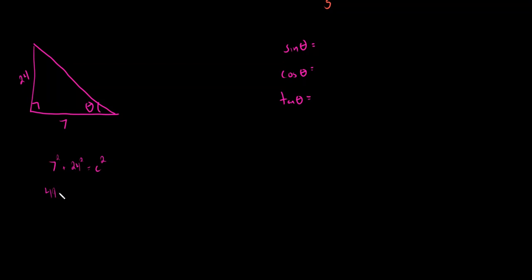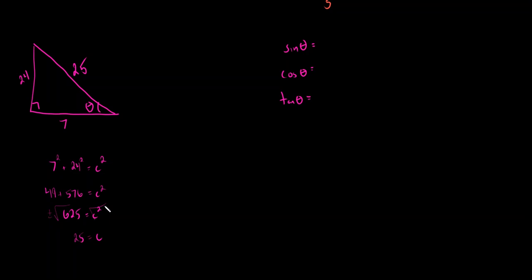This would be 49 plus 576 is equal to c squared. This gets us 625 is equal to c squared. So c is 25. Remember, we're only using the positive one, not negative 25. Remember, when you take the square root of each side, technically it's plus or minus, but since we can't have a negative side, we're taking the positive 25.